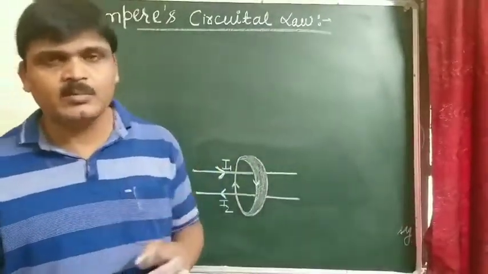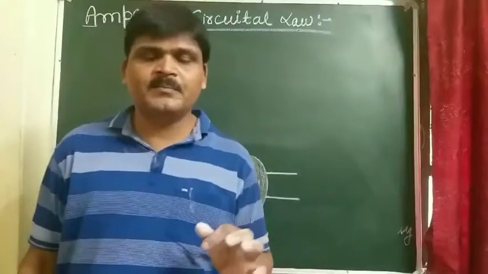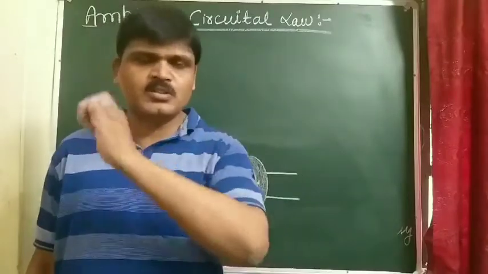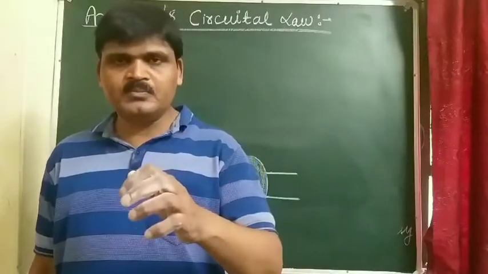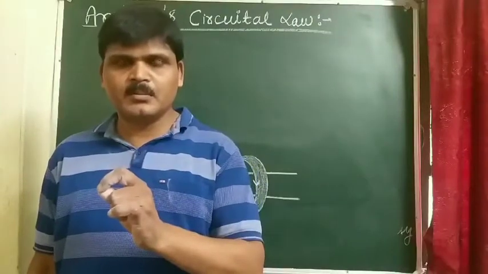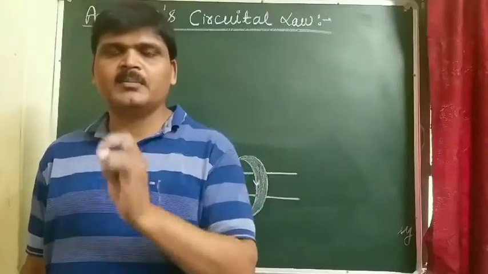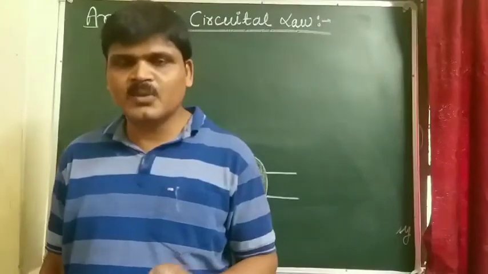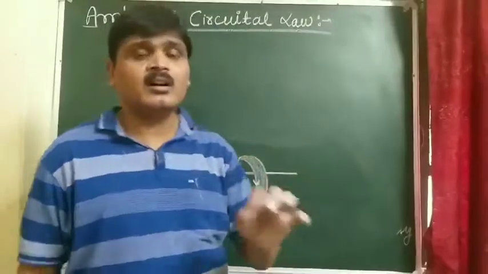What is the statement of Ampere's circuital law? The line integral of magnetic field B around a closed circuit or path or loop is equal to mu naught, the magnetic permeability, times the total current threading that closed circuit.